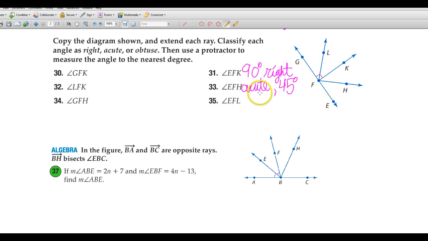Number 35, EFL. That's past 90, so that is obtuse. And it looks like these three angles are congruent, so 45 times 3 would be 135.